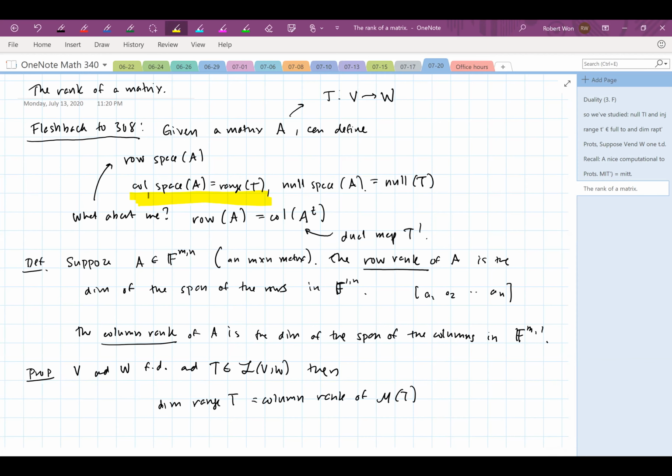Of course, in Math 308, you probably use some kind of proof involving matrices and pivots or whatever. The proof in your book is an abstract proof.